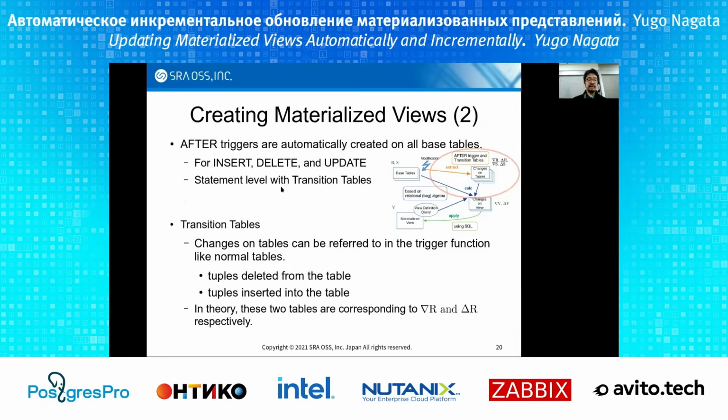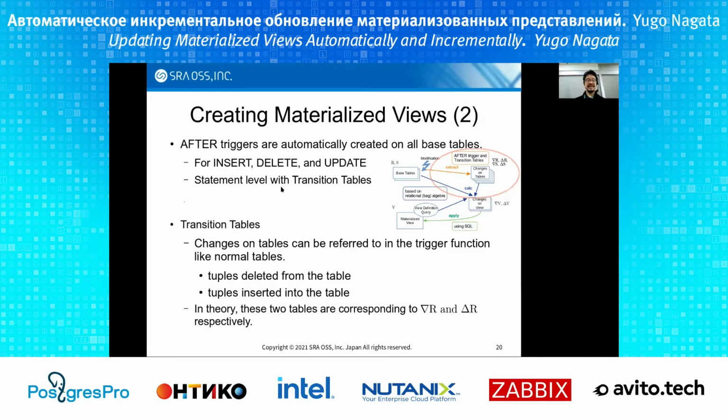This transition table is a feature of after triggers. Using this feature, changes on tables can be referred to in the trigger function like normal tables. There are two tables. One contains tuples deleted from the table, and another contains tuples inserted into the table.